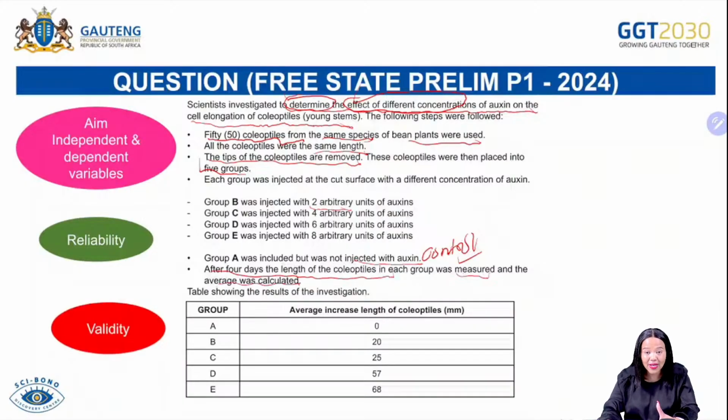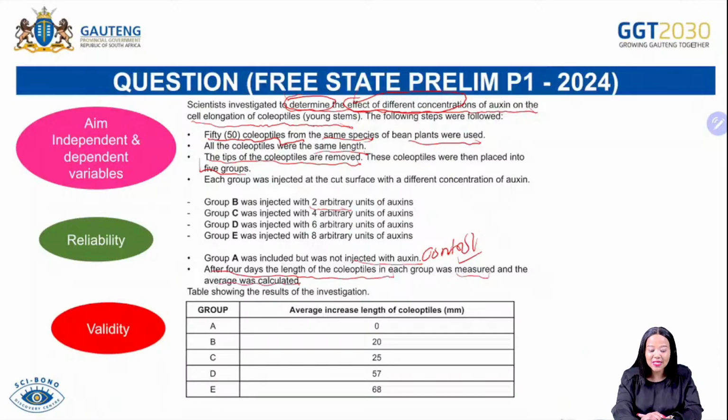But when you are given context and data, you need to apply your general information to the context that you are given. Here, what is it that the investigator did to ensure that these results are reliable?